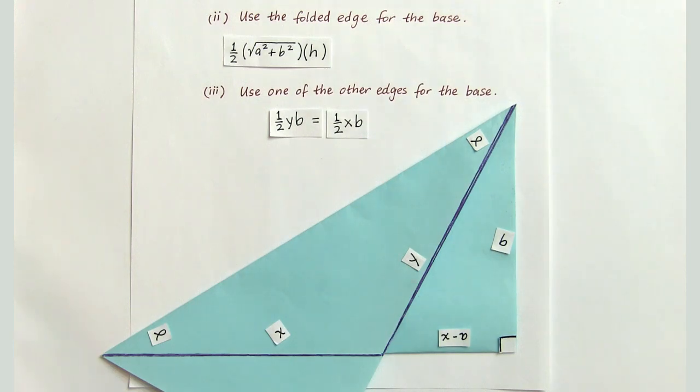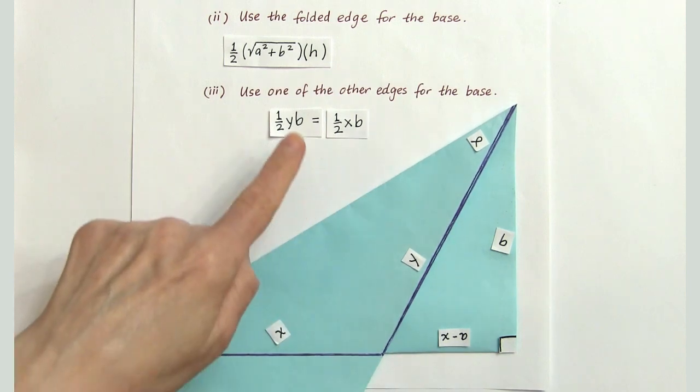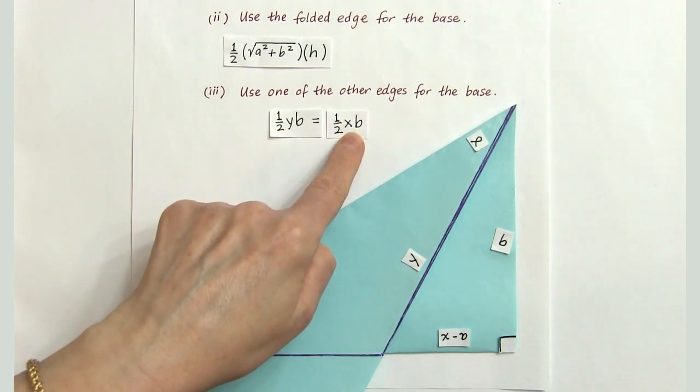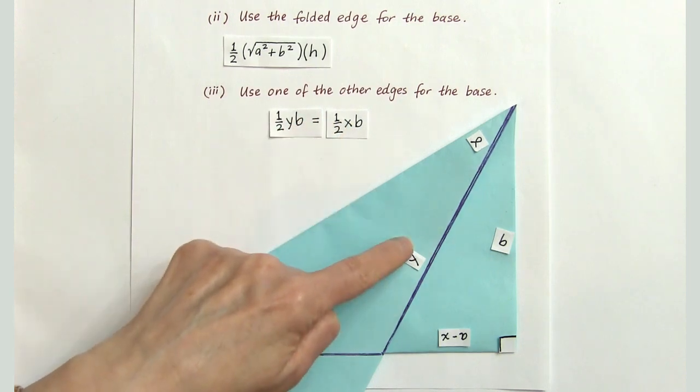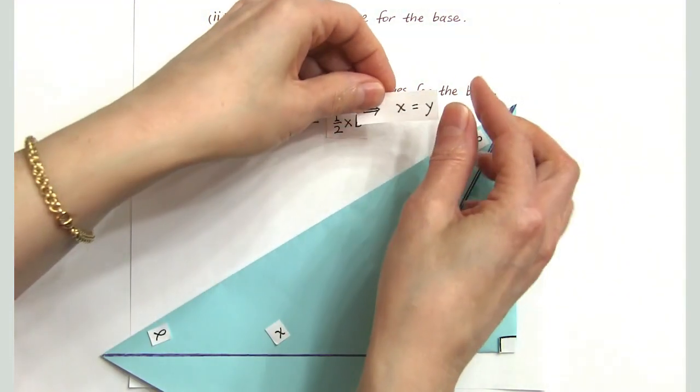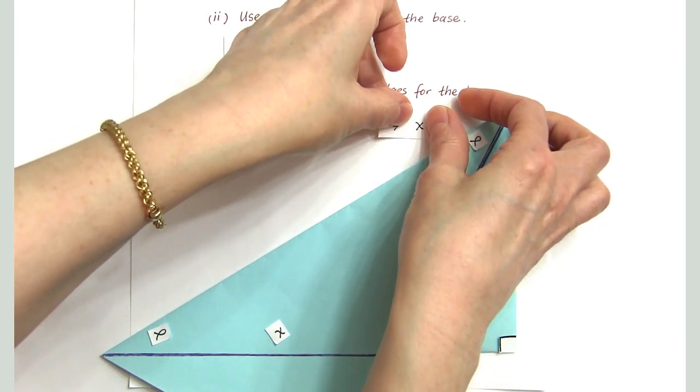And so the cool thing that this strategy gave us is that because I know that the area of this triangle is equal to this, and it's also equal to this, that means that x does equal y, which we already figured out before.